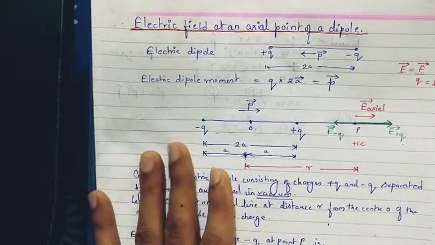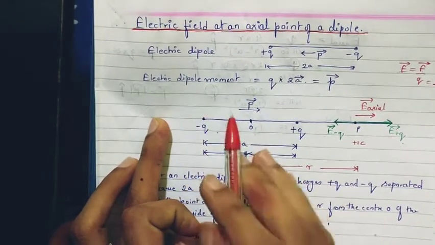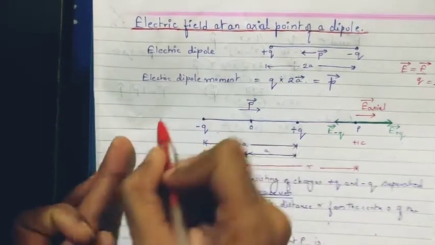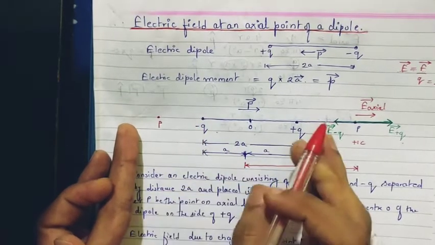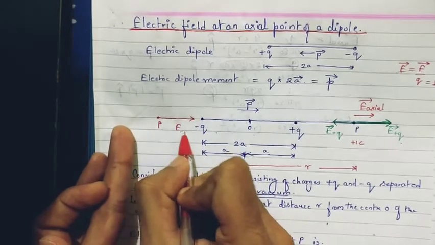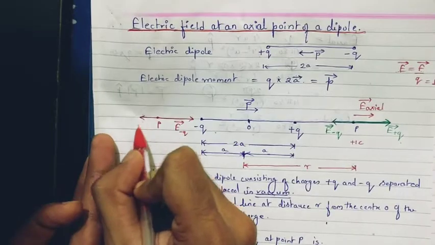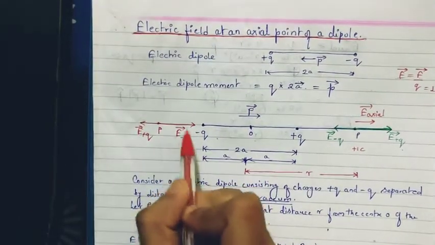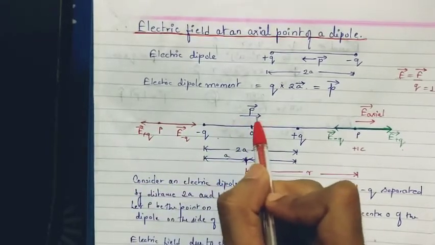Supposing you had taken point P on this side, it will again be the same. The net electric field is going to be on this side, correct? Supposing I had taken point P over here, since minus Q is bigger, your electric field due to minus Q would have been bigger as compared to the smaller Q, that is E plus Q, and therefore the net electric field will be in this direction, which is the same as the electric dipole moment direction.